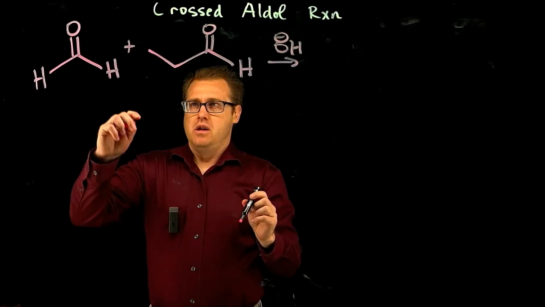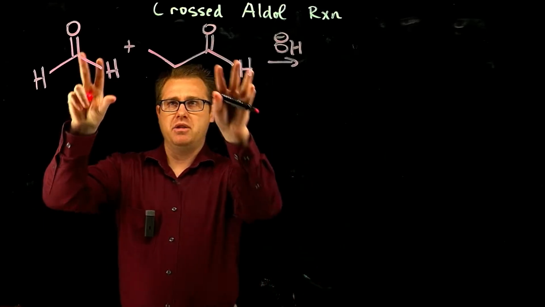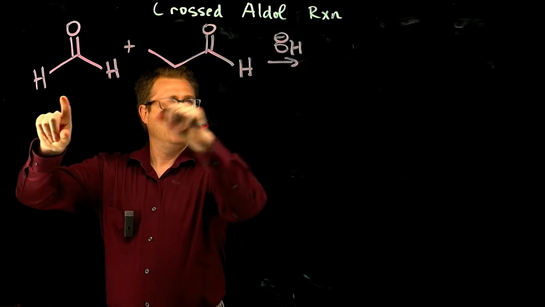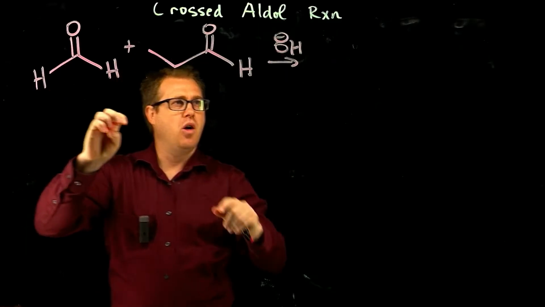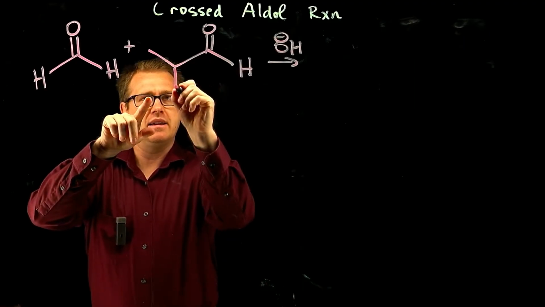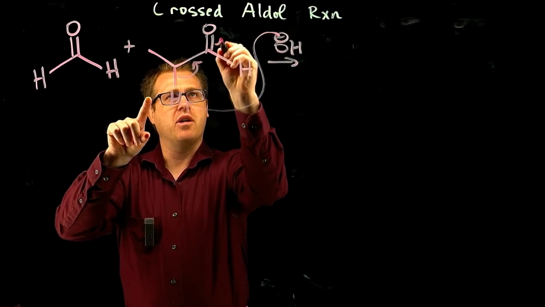And we'll talk more about the one major product in a moment, but can you see when you mix this all together, this base cannot abstract this proton or this proton. The only proton that it can abstract is this alpha proton right there to form our enolate.